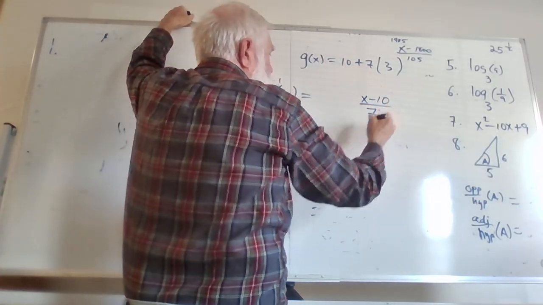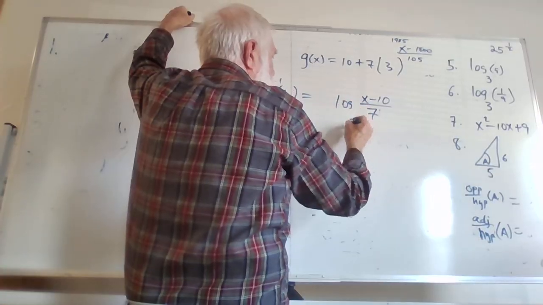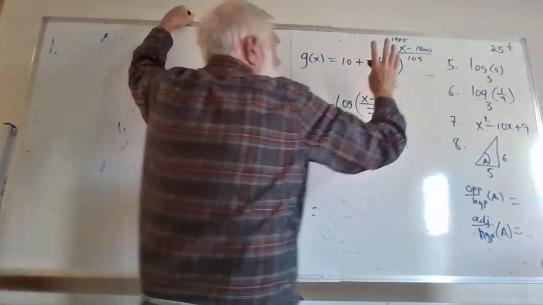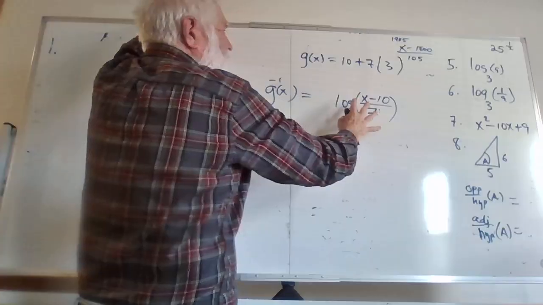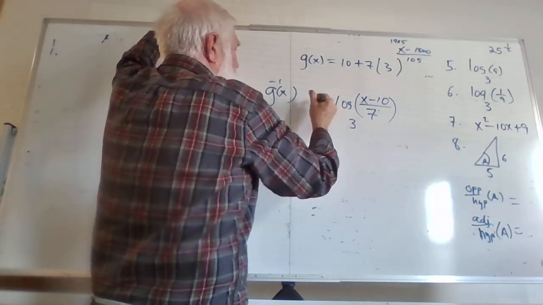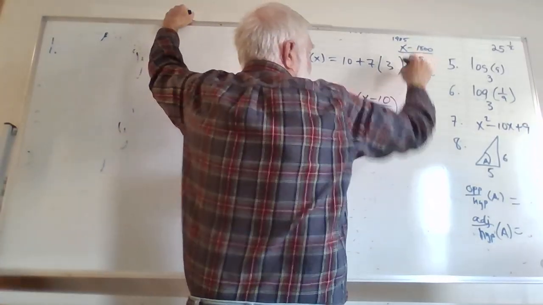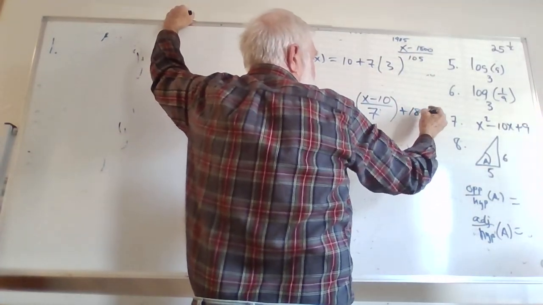Dividing by 7. The inverse of 3 to the is log base 3 of. The inverse of using an exponent is finding one. Dividing by 105, I got to multiply by 105. Subtracting 1800, I got to add 1800.